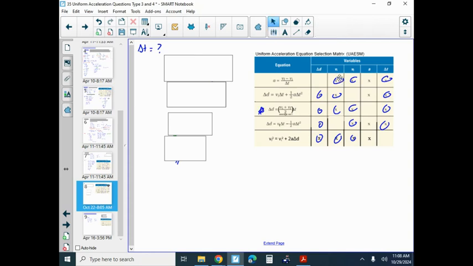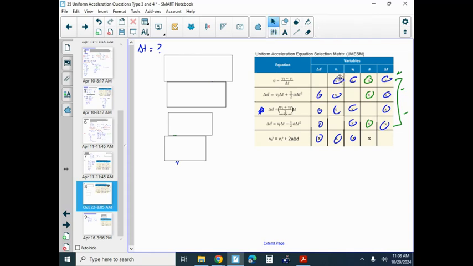Of course, because we have the acceleration, we can use anything we want. So we're looking for the time, and we could use any of these really, because if I use the acceleration, I can use the other one too.